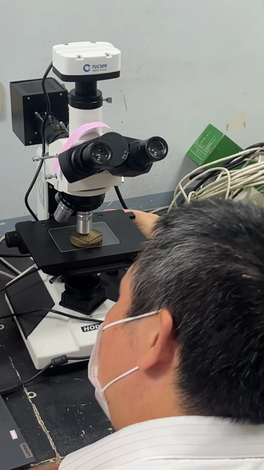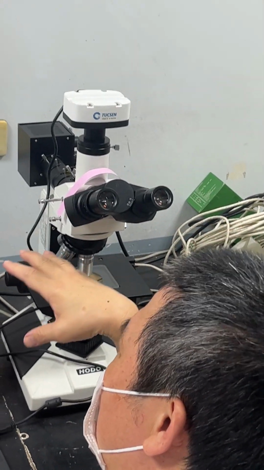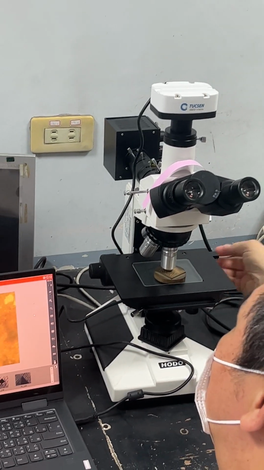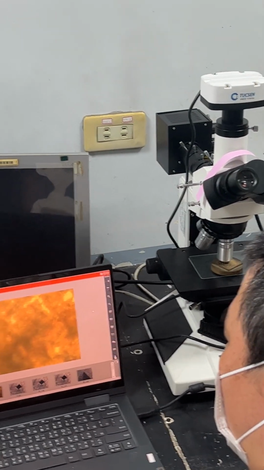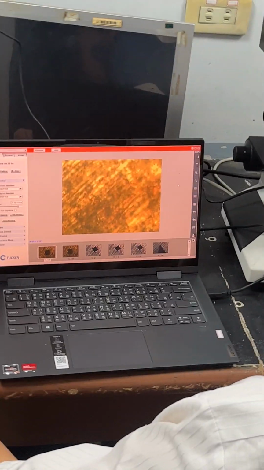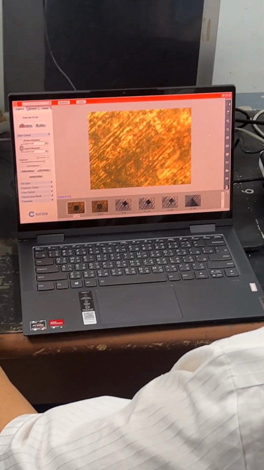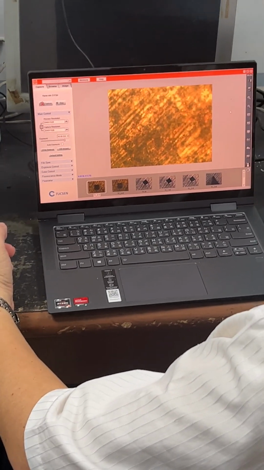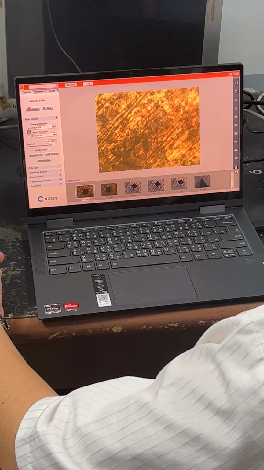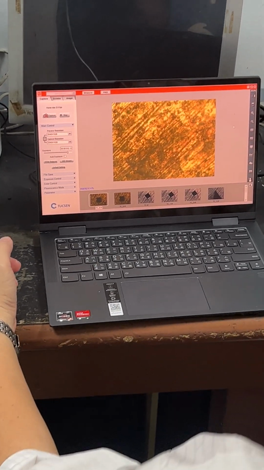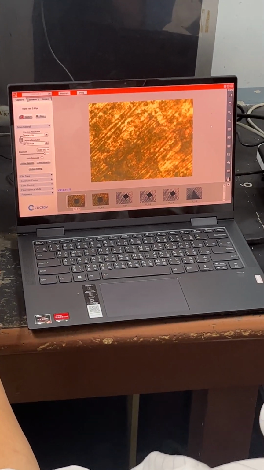And the same, every time you zoom in more, you have to tune the image to make it clearer. As you can see, it's not easy to focus, because now the magnification is 500, which is very big for the optical microscope.